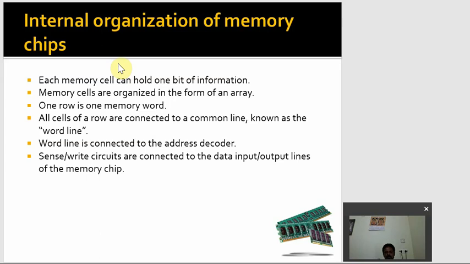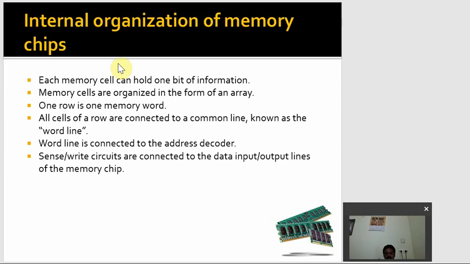All cells of a row are connected to one common line known as a word line. So one row is considered as one word in the memory, and the row is connected to one common line, which is known as the word line.